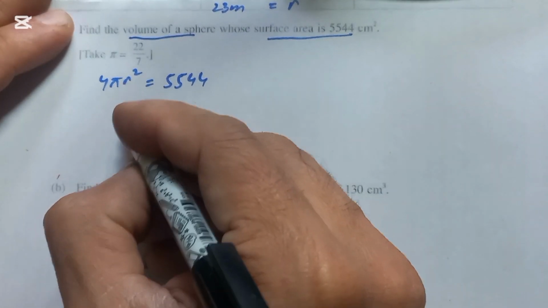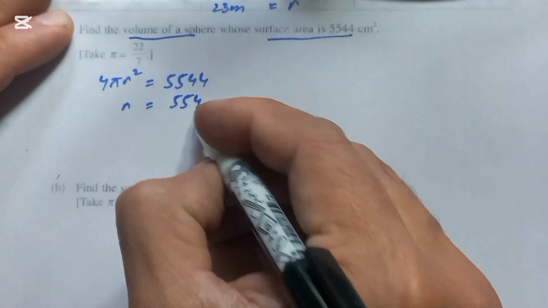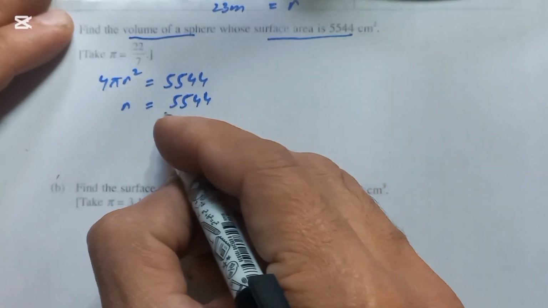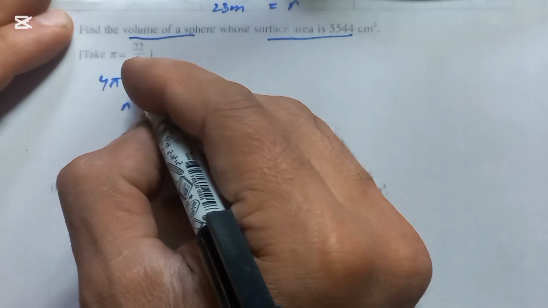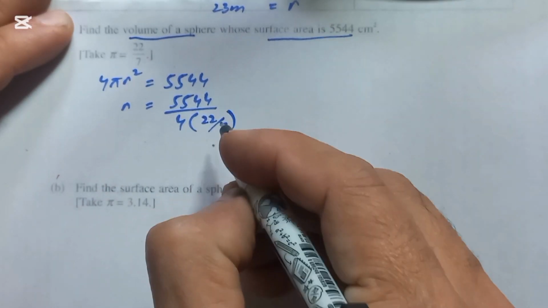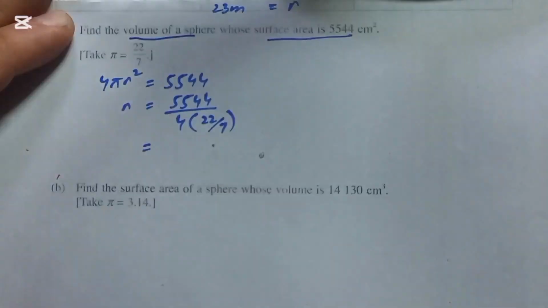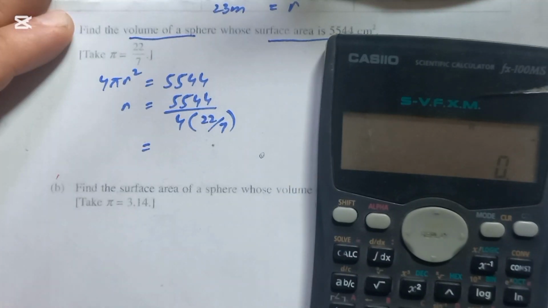From here we will find the value of r. 5544 will remain here and this 4 pi will come to the right side, and pi's value 22/7 will be put here, and we will solve these values on the calculator now.